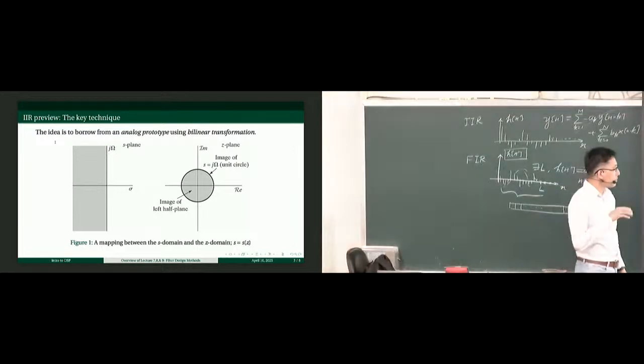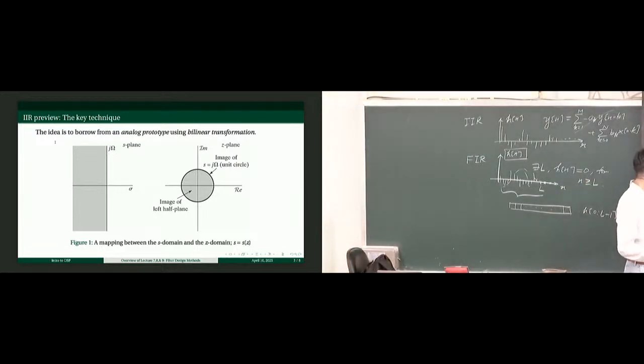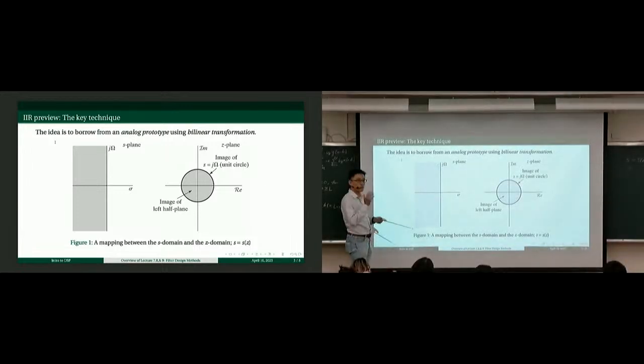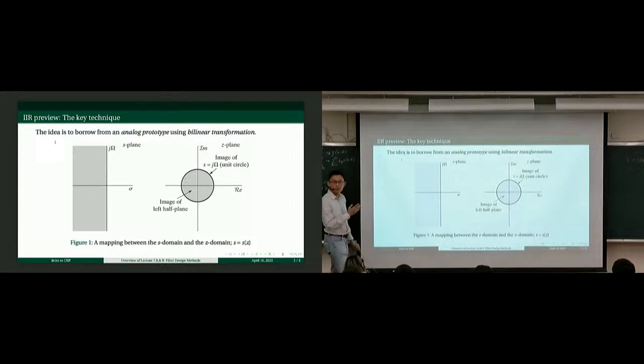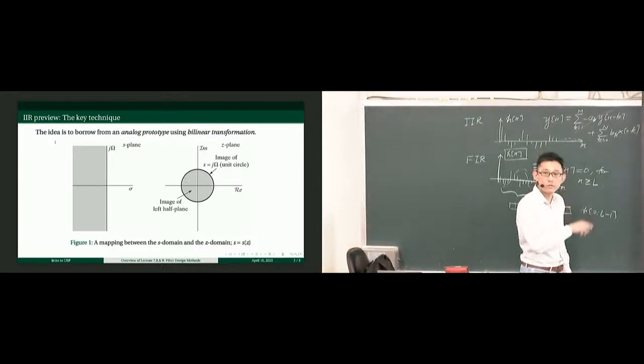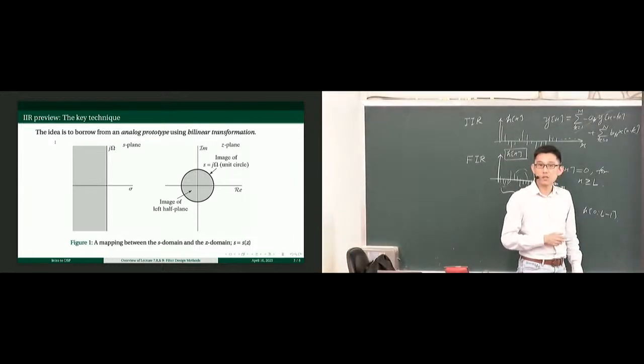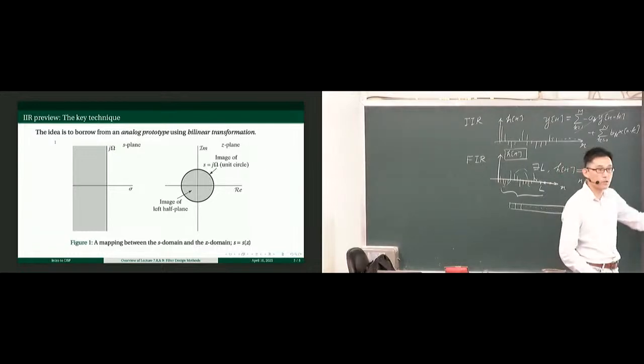So with that, we'll learn that it's actually a kind of transformation also between the two frequency variables, the big omega and the small omega. Bilinear transformation leads to a change of variable. It leads to a mapping between the two frequency variables, one is the big omega, the other is the small omega.